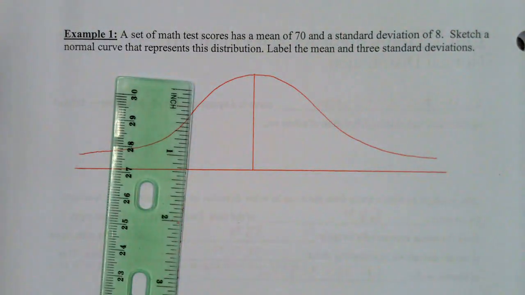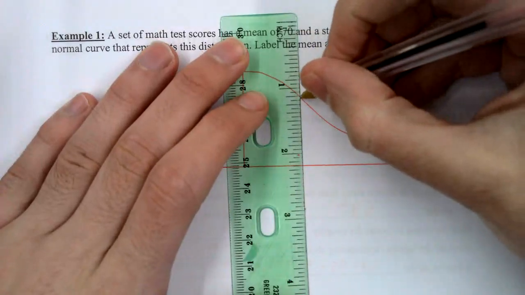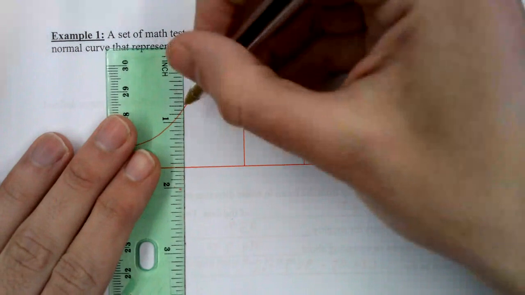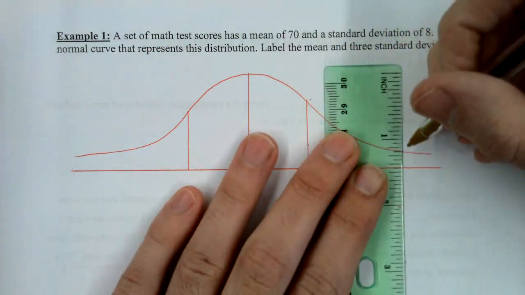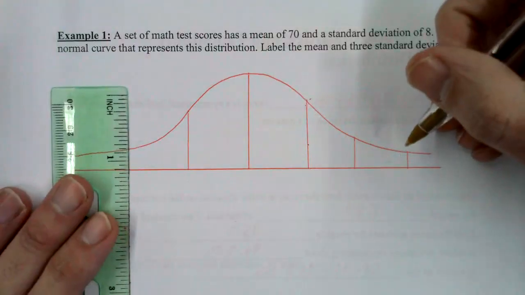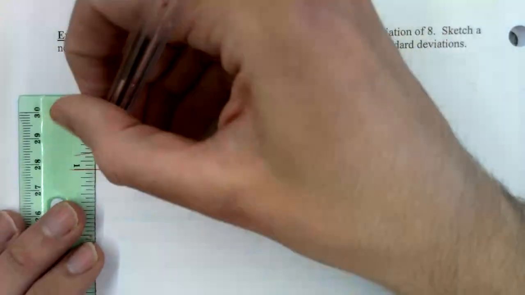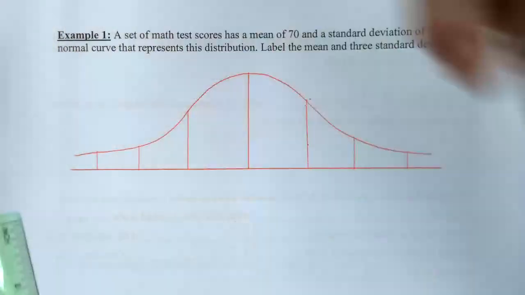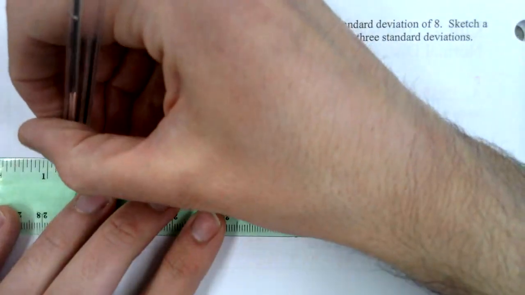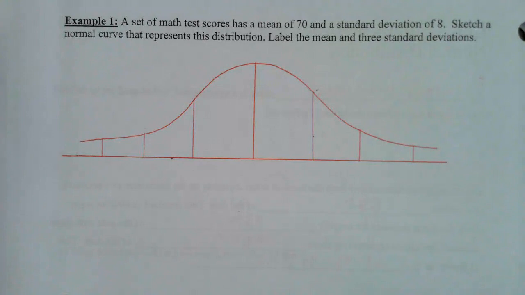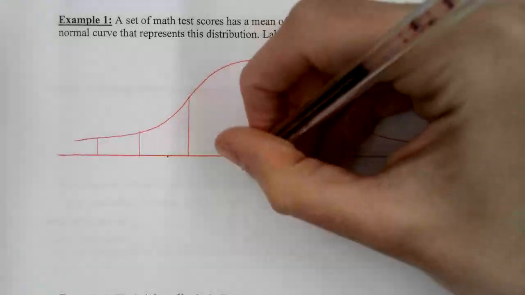And I'm going to add three standard deviations in each direction. So let's label the mean. That's right in the middle. The mean is 70, so this is the average right there.